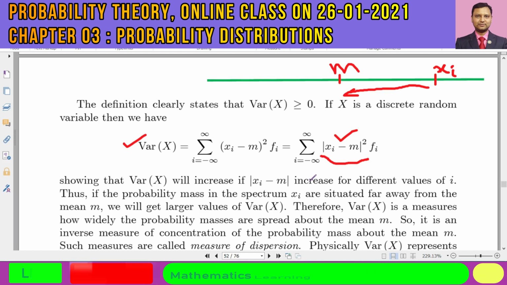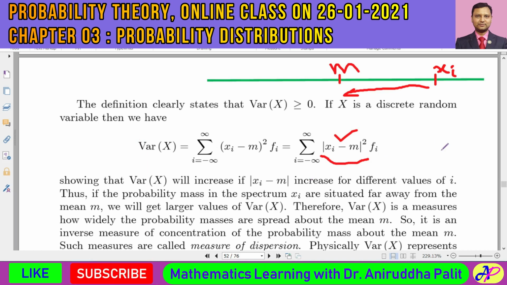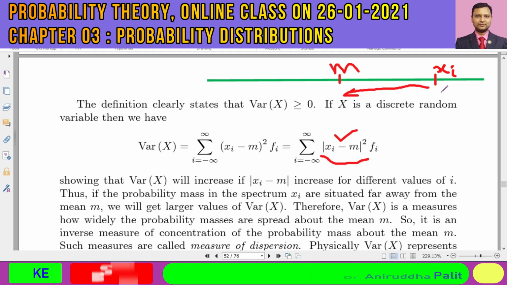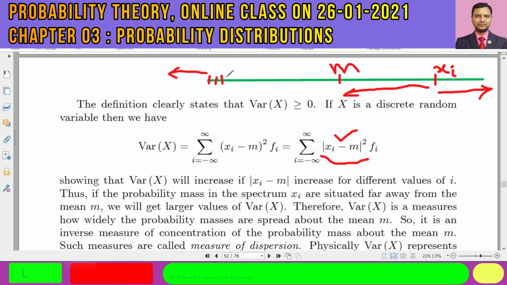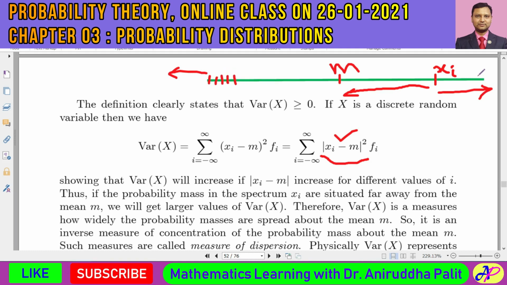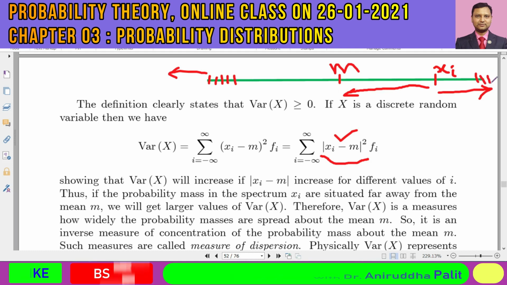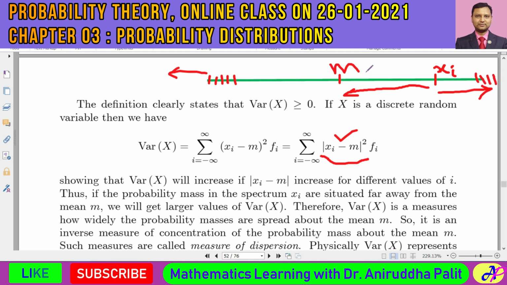So a larger value of this variance will imply that there are certain points which are situated far away from m. Or you can say that these probability masses are concentrated on this zone and on this zone, far away from m, and we have fewer distributed points near m over here.